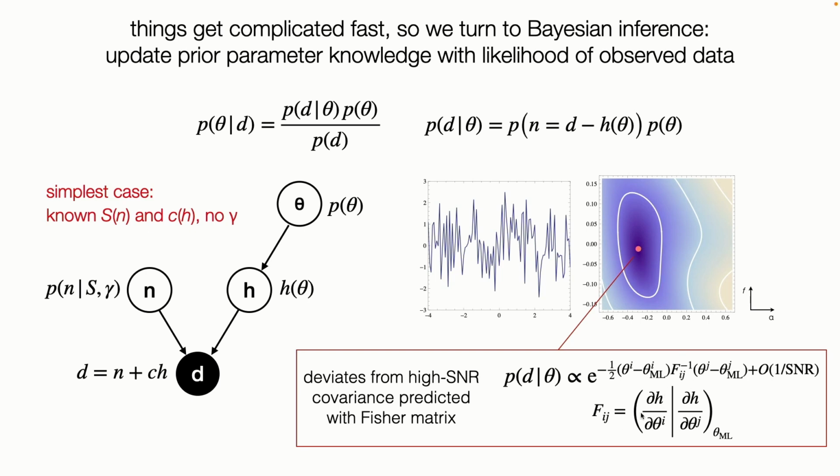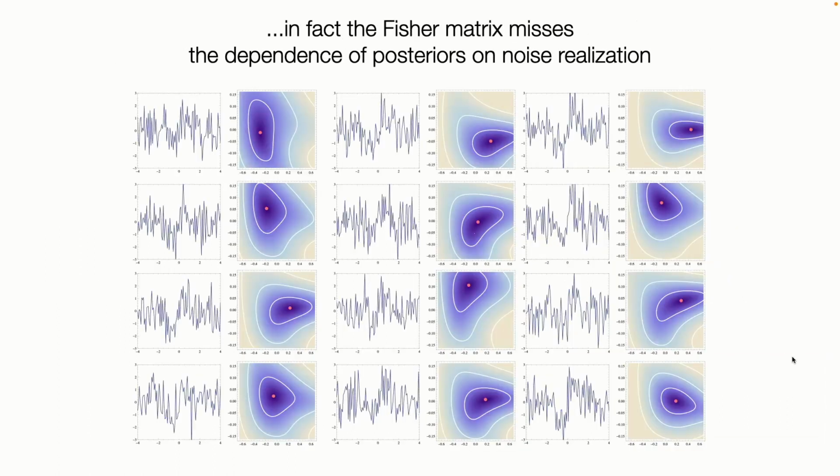And this product here that I wrote with the parentheses and a bar is just these noise integrals that we were looking at before. The thing is, it's a leading order approximation. It is not a function of the noise, even of the noise realization. That comes in as a correction at order of 1 over the signal-to-noise ratio.